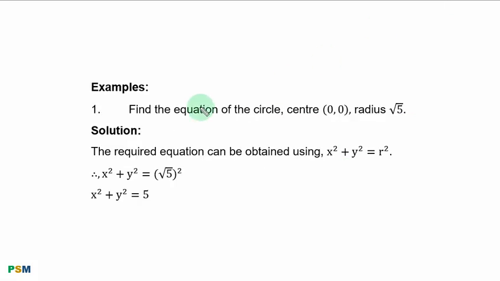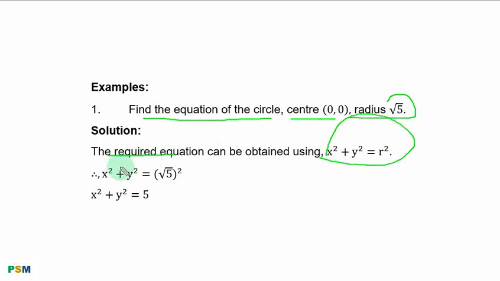Examples. Number 1, find the equation of the circle, center (0, 0), radius root 5. Solution. The required equation can be obtained using this form. The radius is equal to root 5.